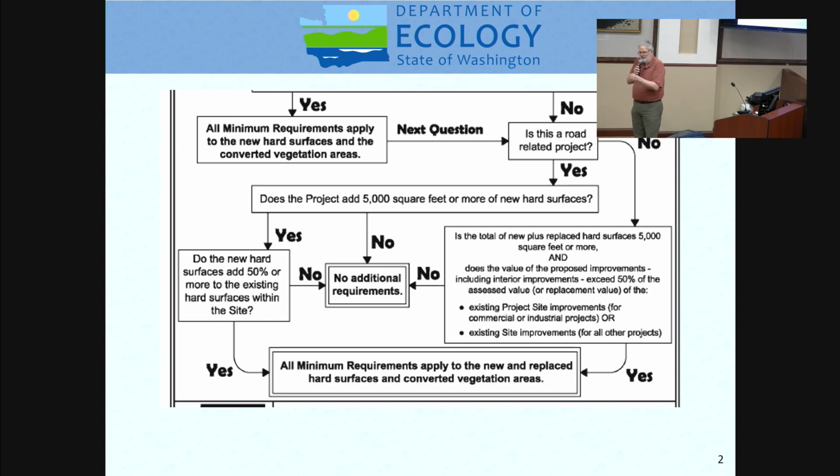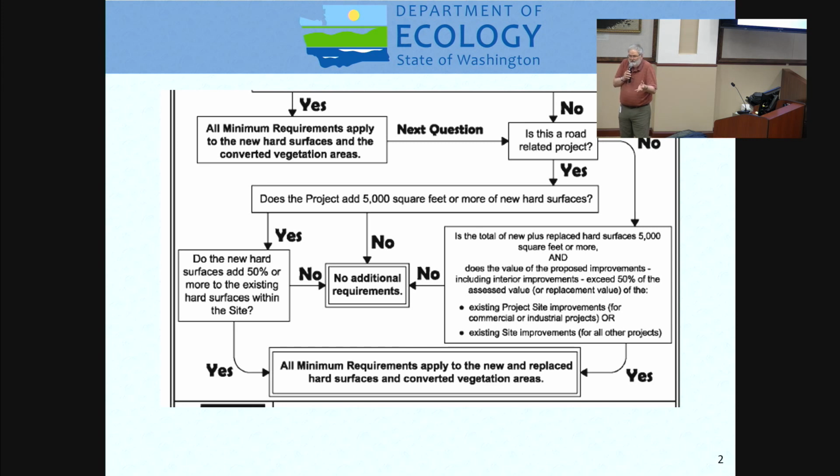But if they're not increasing the value very much, for example, repaving a parking lot, we're not going to force them to do all the stormwater controls on that project site because it's already paved.